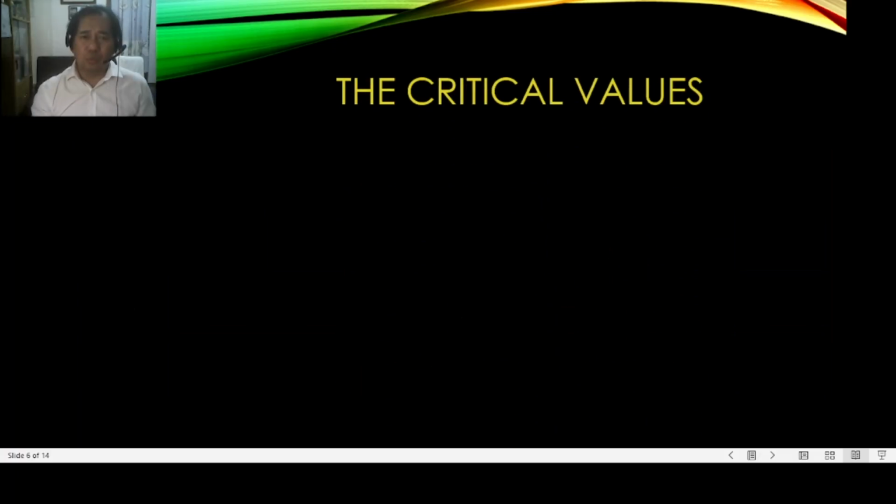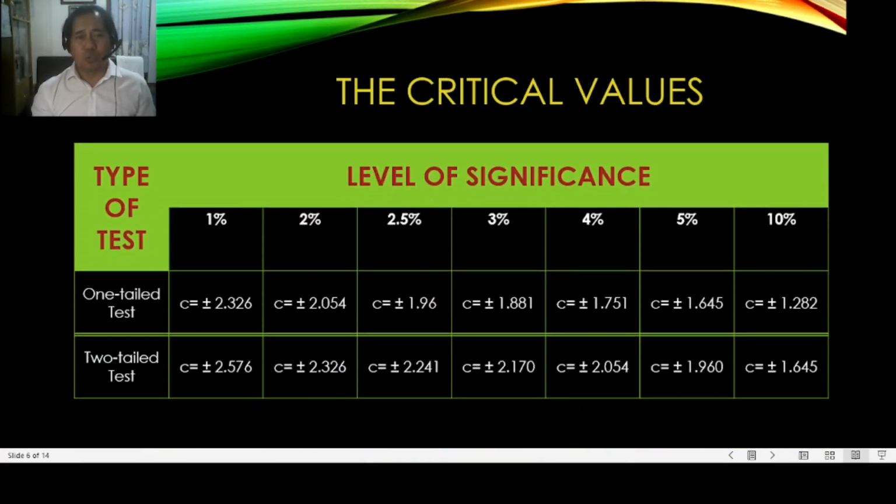Now, we have to consider the critical values that we have to use, okay? Of course, when we consider the critical values, we also have to understand the meaning of level of significance. Okay, so the level of significance is given in percentages or decimal.